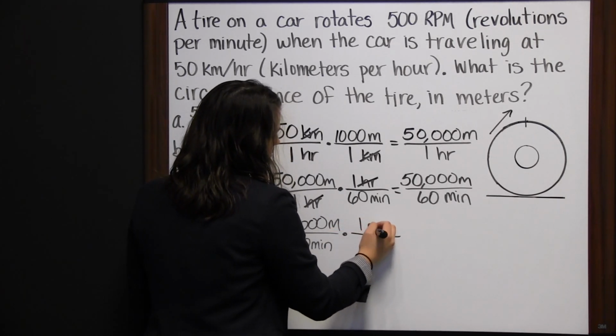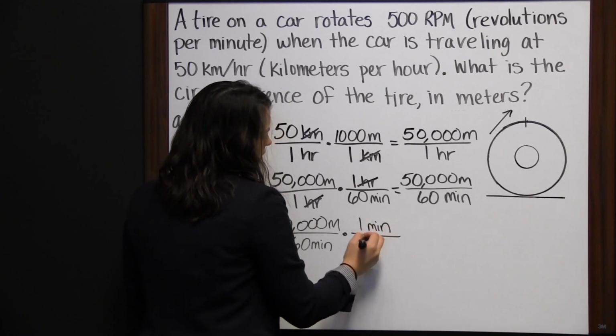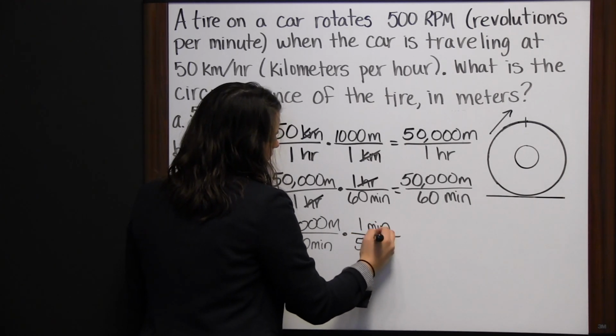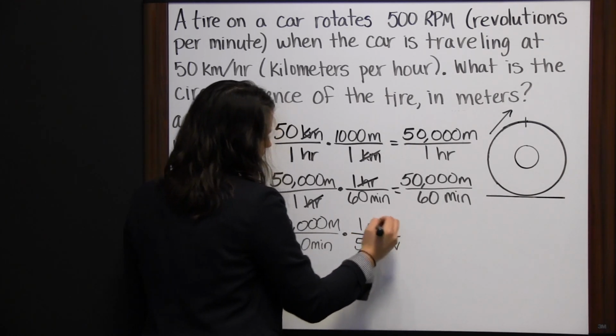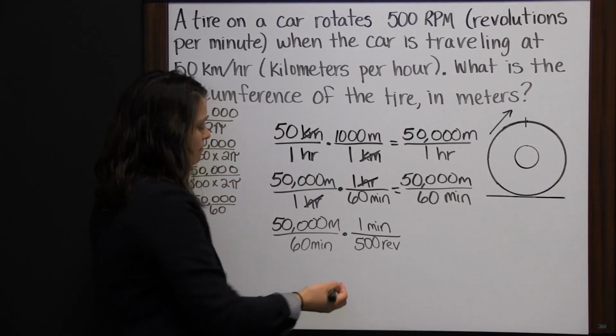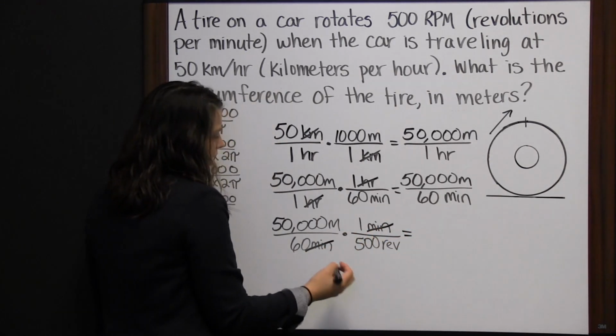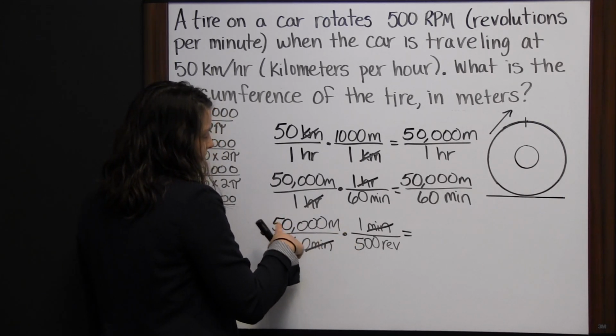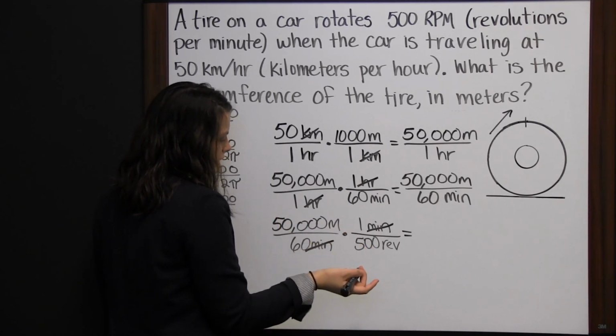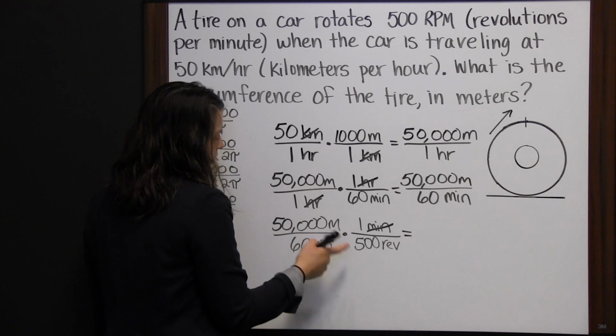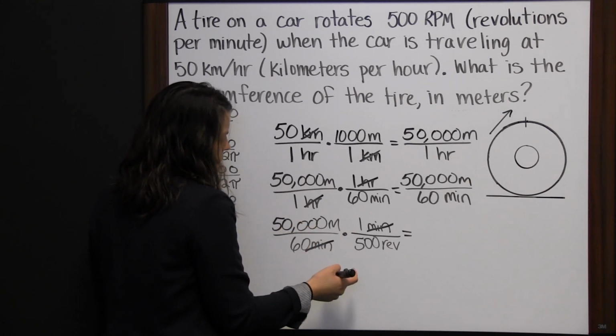So every 1 minute, the car goes 500 revolutions. So again, these units, minutes, cross cancel. And I can cross cancel my 50,000 and my 500 by dividing them both by 500.